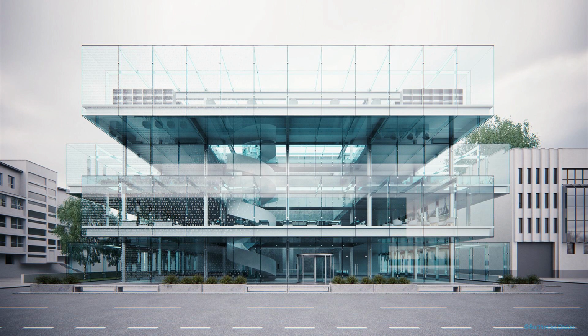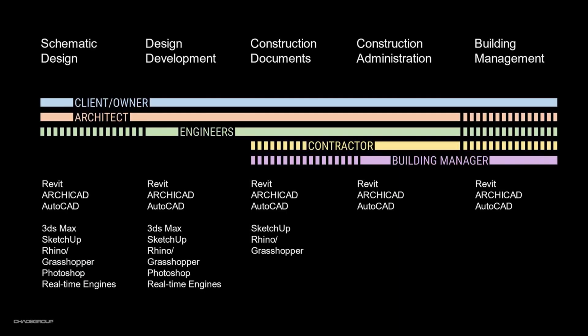This particular example here was rendered from the design phase up to the very final marketing images using V-Ray for SketchUp. In this schematic, I've tried to summarize the entire workflow of an architectural project. We have also listed the software that is used at each stage.